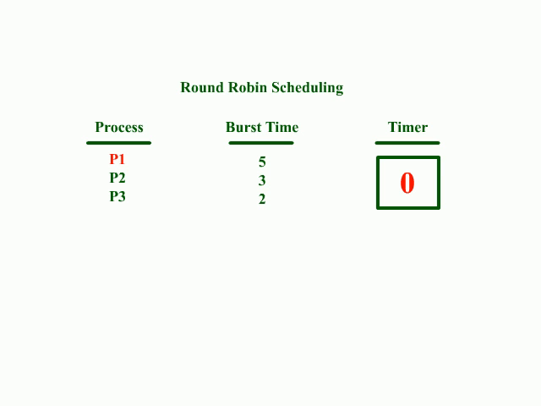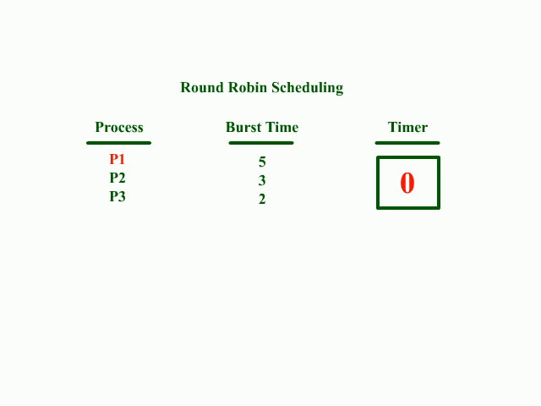So round robin is one of the oldest, simplest, fairest and most widely used scheduling algorithms, designed especially for time sharing systems. A small unit of time, called the time slice or a quantum, is defined to switch between the processes. All runnable processes are kept in a circular queue.